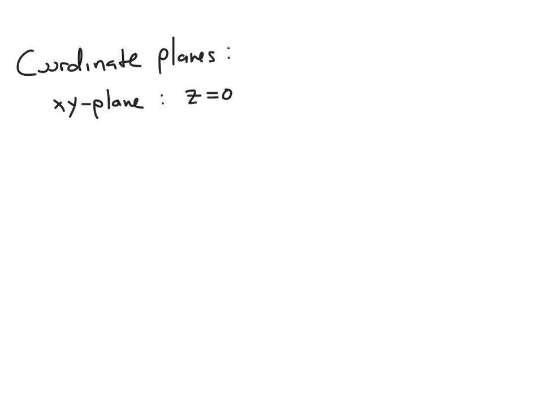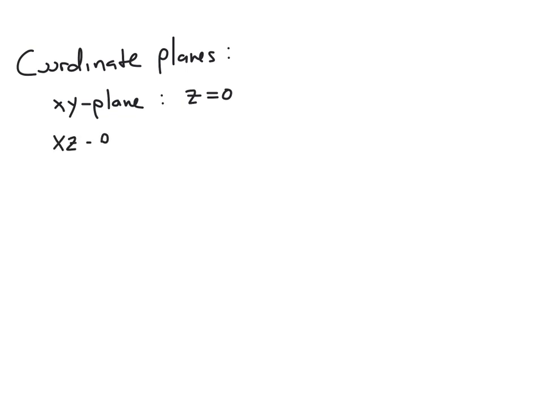I will have a picture of these in a moment, so just hold off for a second for that. But we have the xy plane, and as you can imagine, this is going to be the plane that contains the x and y axis. All of the points that go through that plane will have a z coordinate of 0, and that's why this equation, z equals 0, describes that plane. We also can have the xz plane.